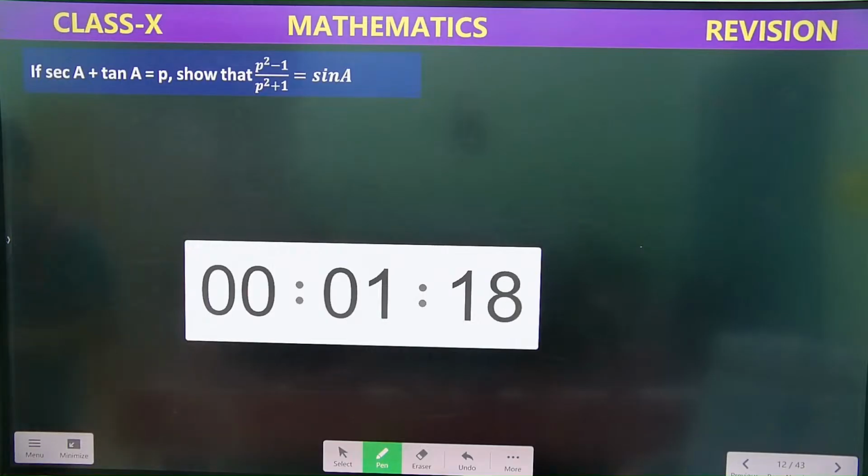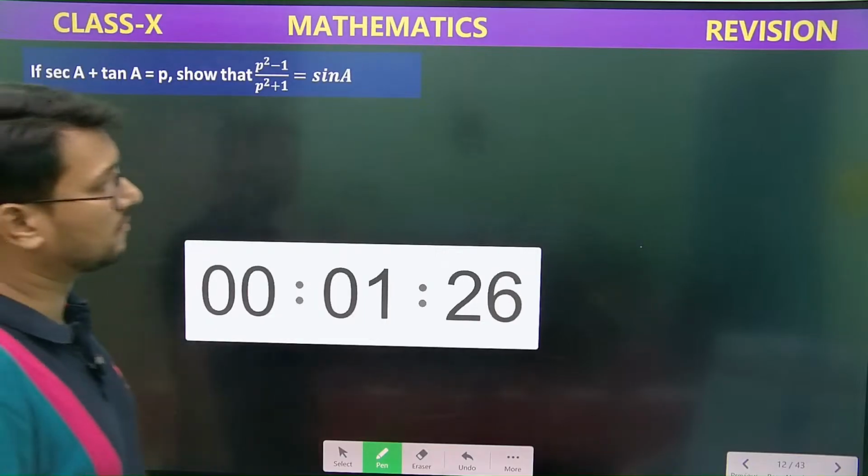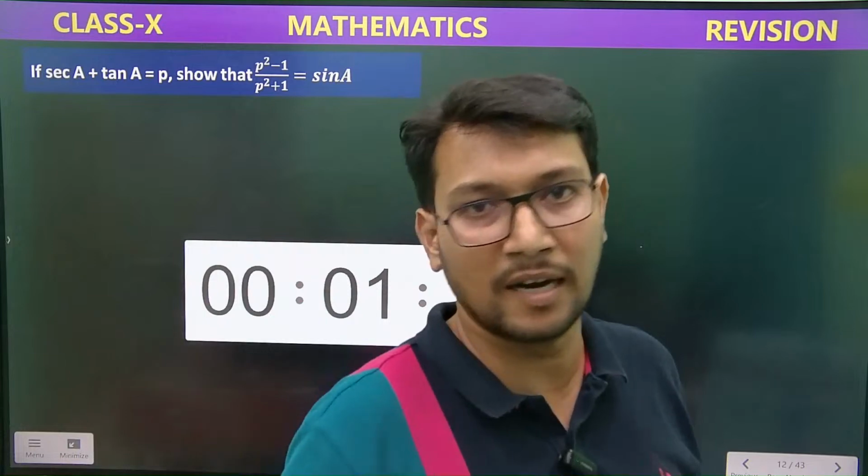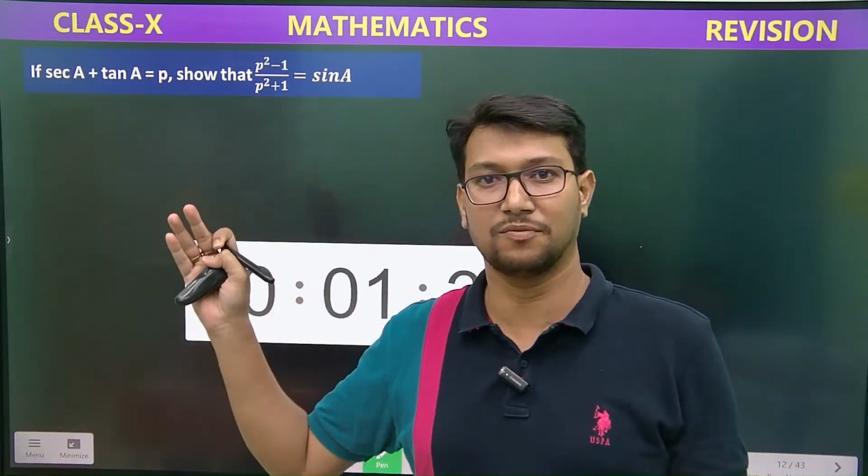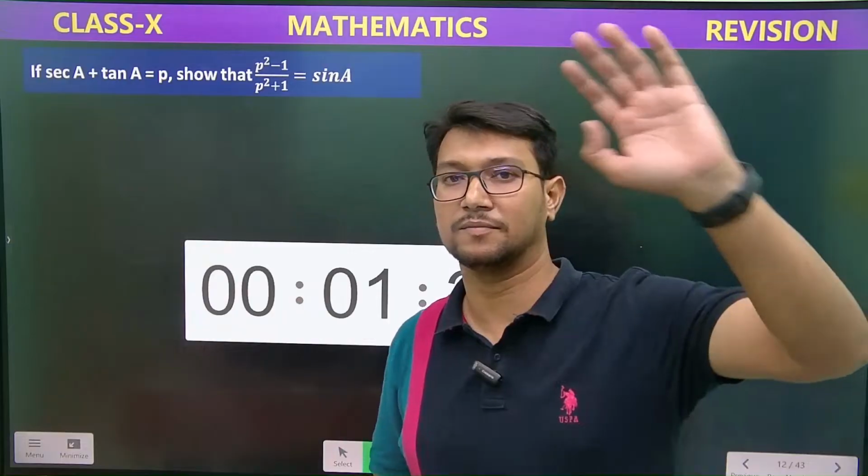You have 5 minutes already. I have given beta 5 minutes. So those who are actually really wanted to solve, be here, and those who are thinking entertainment is going, please leave. Okay, tata bye bye from here.